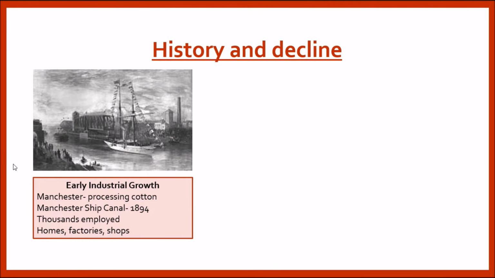So let's look at the history of Salford Quays. During the Industrial Revolution, Manchester became a centre for processing cotton. In 1894, the Manchester Ship Canal opened, which allowed larger ships to make their way through the city. Because of this, thousands of people were employed, and a community of homes, factories, and shops developed.